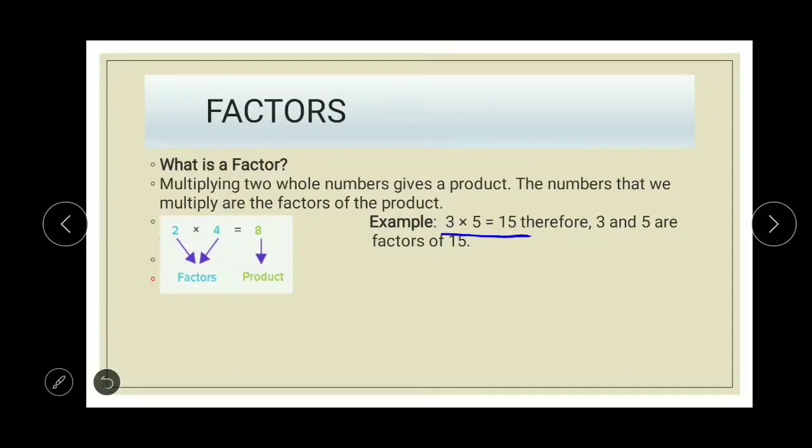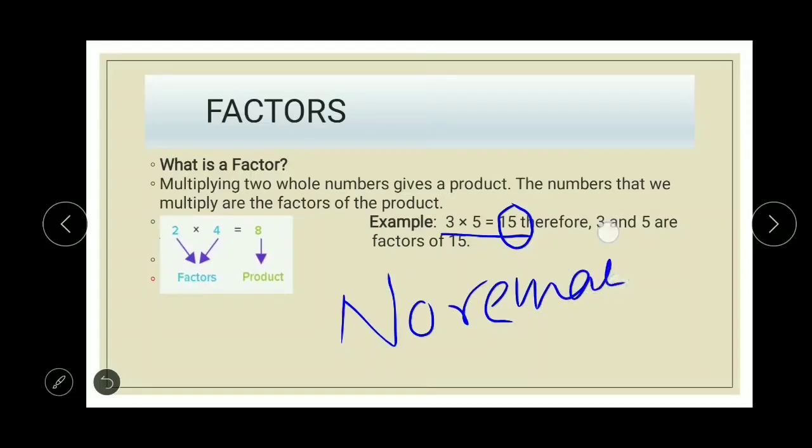So we are getting 15, and if we divide 15 by 3 or if we divide 15 by 5, there will be no remainder. So we can say that 3 and 5 are two factors of 15.